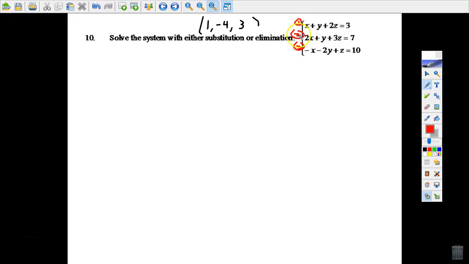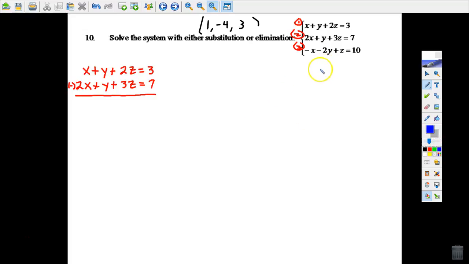I'm going to pair up the first two equations, with the idea that I'm going to eliminate y. I'll have to do that with subtraction if I just leave it like it is.